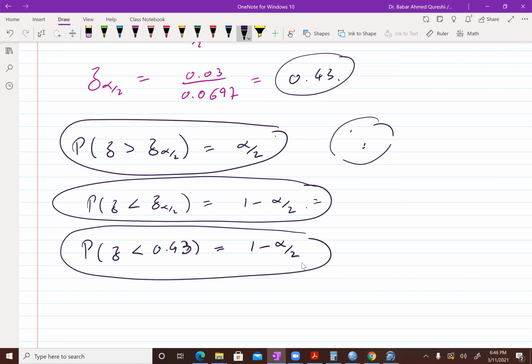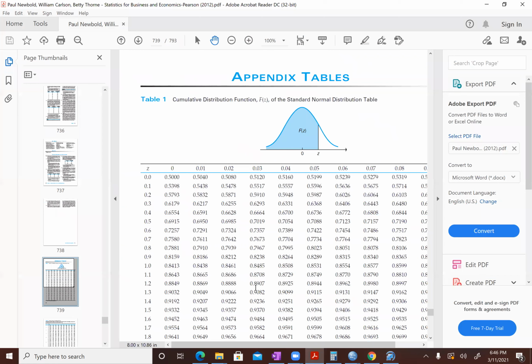So you just find out what this is. And it tells you 0.43 gives you a number 0.6664. So that's exactly it. When Z is equal to 0.43, then your cumulative probability is 0.6664.